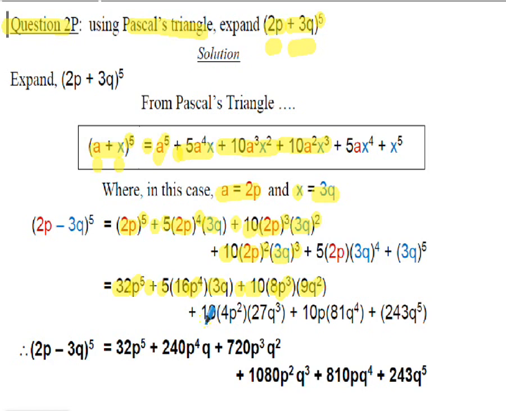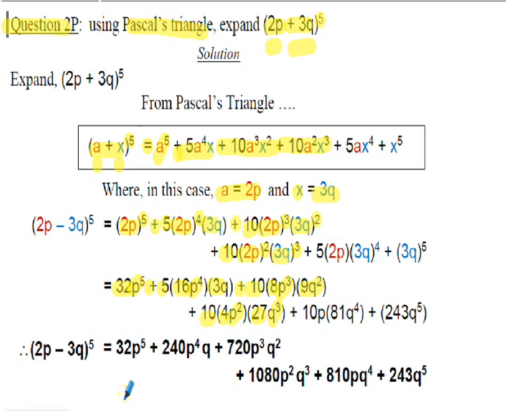Next term you've got 10 times by 2p squared, so that becomes 4p squared, and that's multiplied by 3q cubed, so that becomes 27, 3 cubed, q cubed. I'll let you do the rest of the terms in that line.